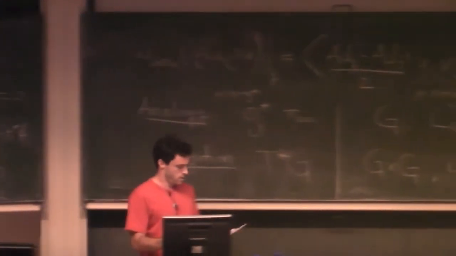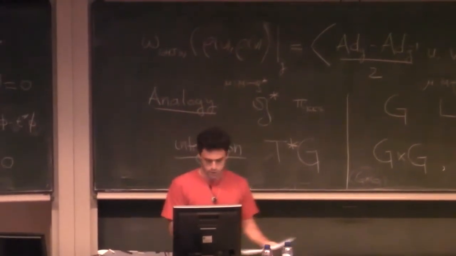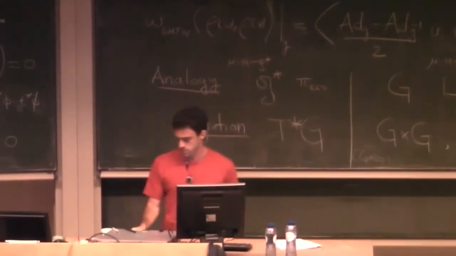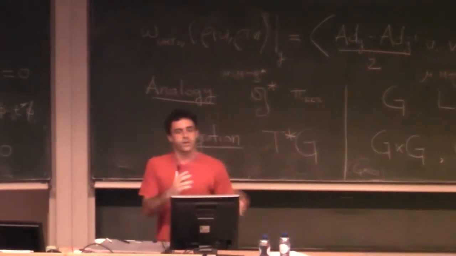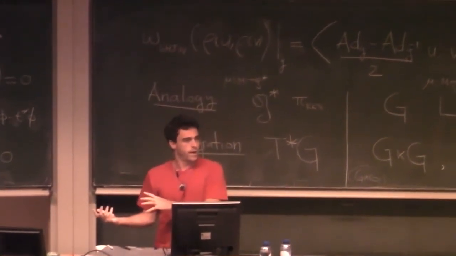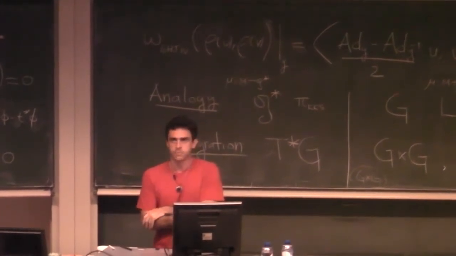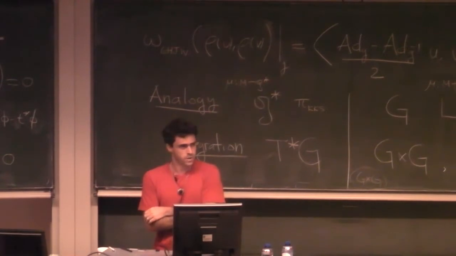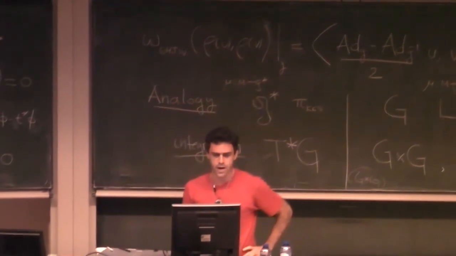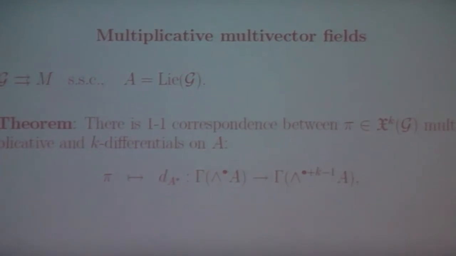Okay, so the last thing I want to mention is a dual picture that is also well known by now, and it's due to Ping Xu and David Iglesias and Camille Laurent. They wrote a paper basically describing what multiplicative multivector fields are, so I won't really explain much, but this is well understood.